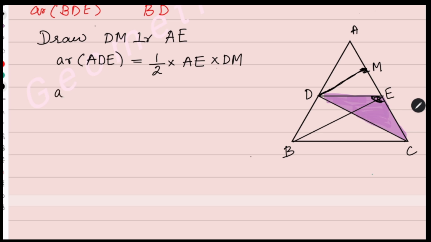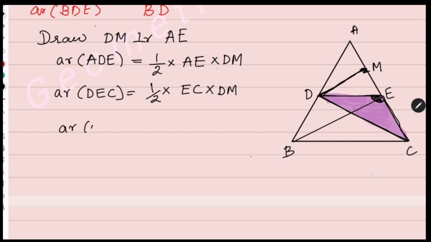Area of triangle DEC is equal to half into the base EC into the height DM. Since it is an obtuse angle triangle, the height DM lies outside the triangle.